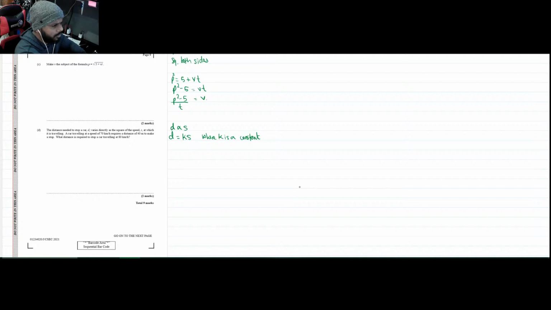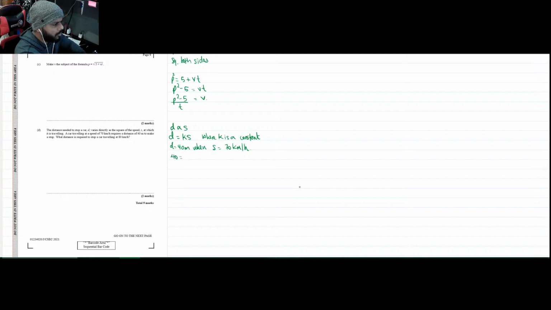So they give us a condition: a car traveling at a speed of 70 kilometers per hour requires a distance of 40. So d is equal to 40 meters when s is equal to 70 kilometers per hour. I'm trying to change that into kilometers. And let me see what we get here.